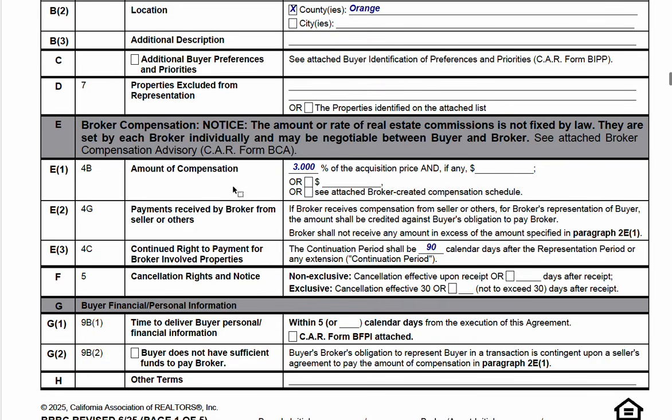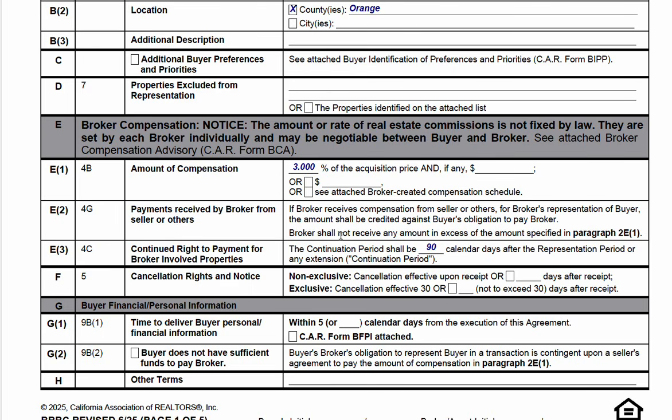Now the most important part, amount of compensation. Put in the highest number that you can. Why? Because you can always modify and reduce this number, but you can't increase it. Once you put a low number here, you've set a ceiling, you've set a cap. That's it.